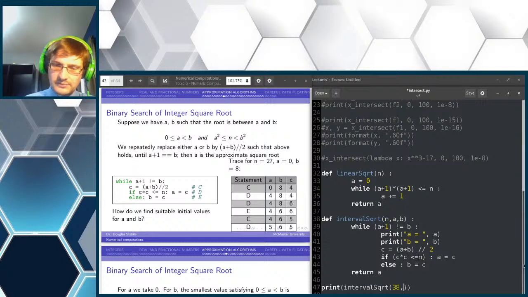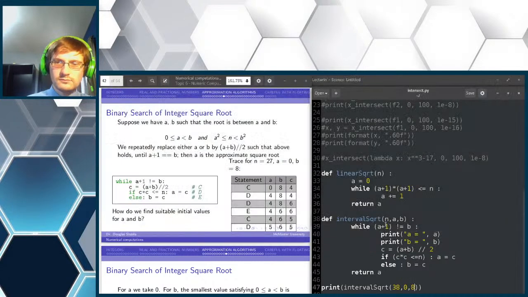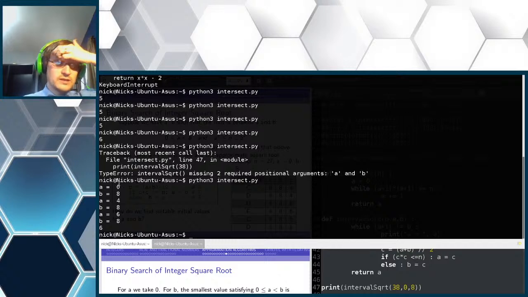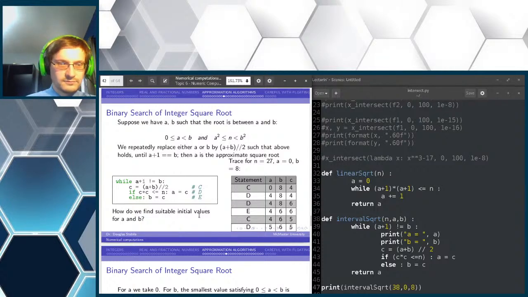Oh, right. So let's imagine we know it'll be somewhere between 0 and 8. So we start at 0 and 8. We then go to 4 and 8. We then go to 6 and 8. And then it returns 6. So there you go.